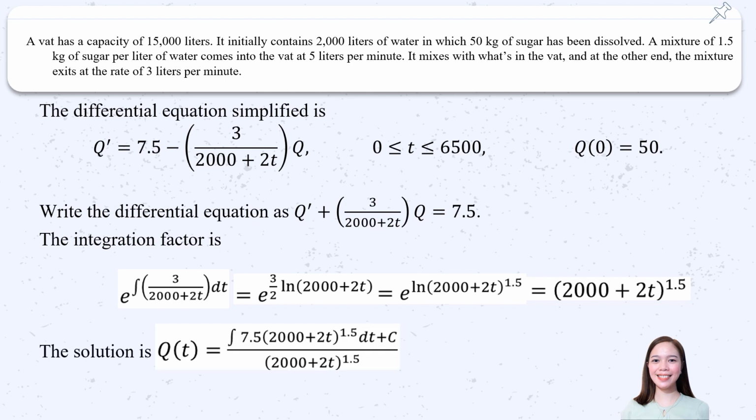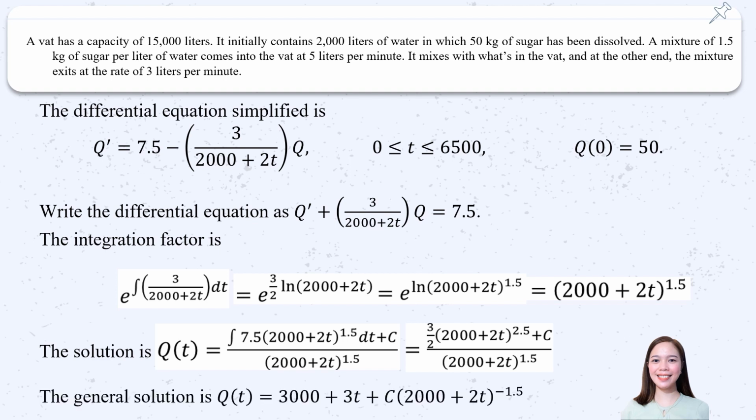So the solution is Q(t) is equal to the integral of 7.5 times (2000 + 2t) raised to 1.5 dt plus C, all over (2000 + 2t) raised to 1.5. So simplifying, we have here 3/2 of (2000 + 2t) raised to 2.5 plus C, all over (2000 + 2t) raised to 1.5.